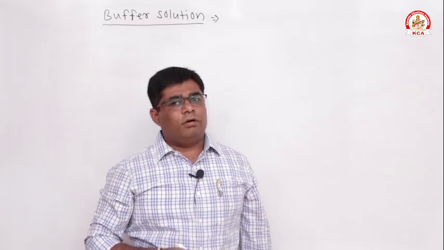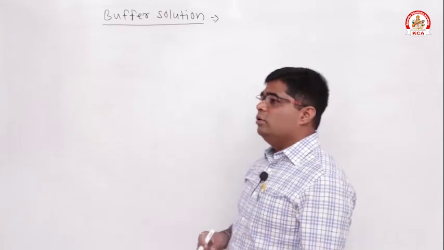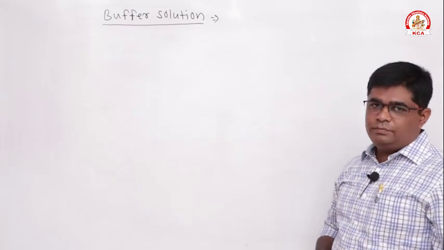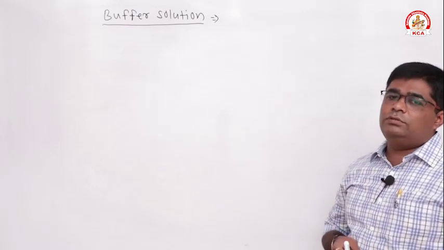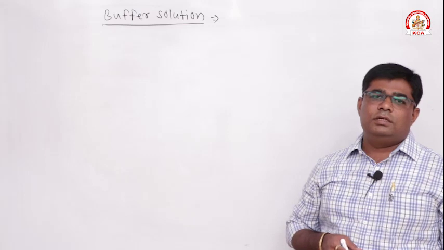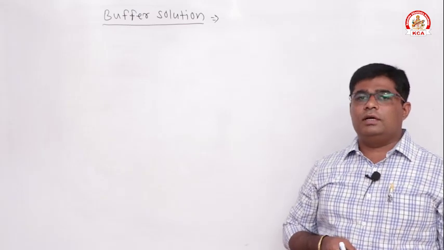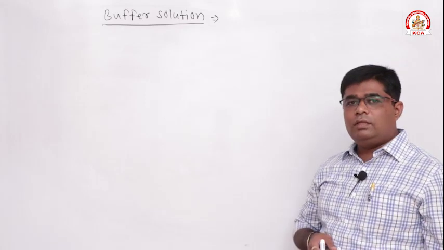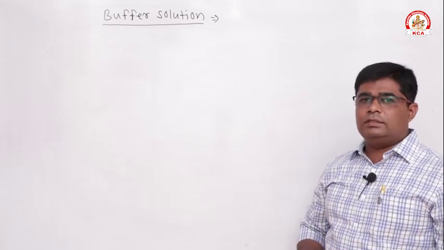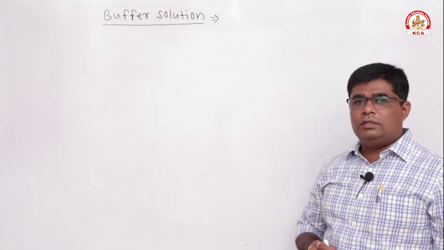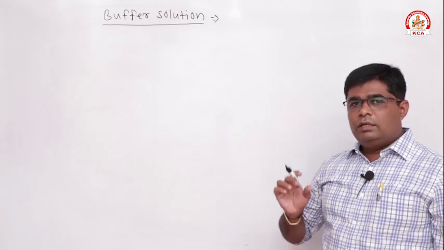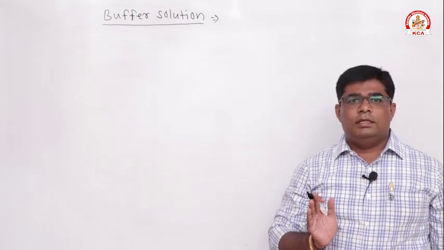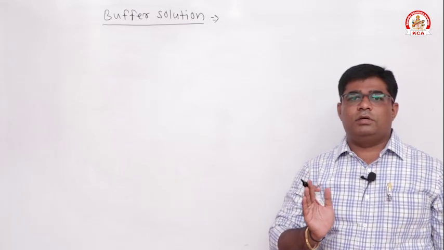So what is the buffer solution? ज्याचा pH constant राहील. The solution which has constant pH and which resists sudden change in its pH by adding a small amount of strong acid and strong base is known as the buffer solution. Buffer solution हे असं सोल्युशन असेल की त्याचा pH remains constant for a long time.